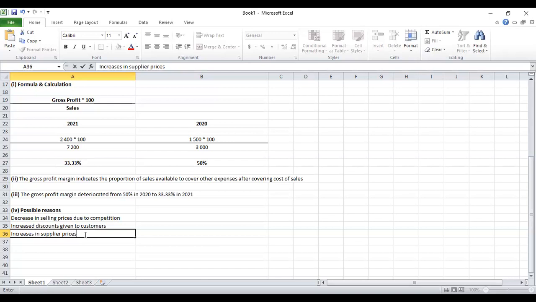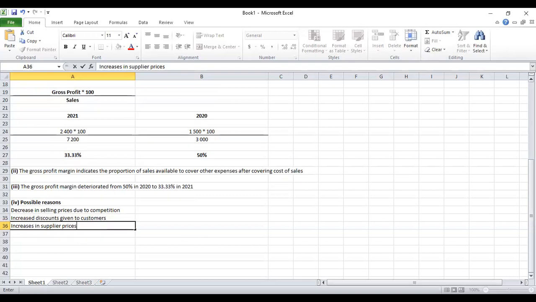For example, you can say that there were many customers who were purchasing in bulk, and because they were purchasing in bulk, they were qualifying for a trade discount. Then it can make sense. But don't just say the quantities that were sold increased or decreased. So you can use any of those reasons.